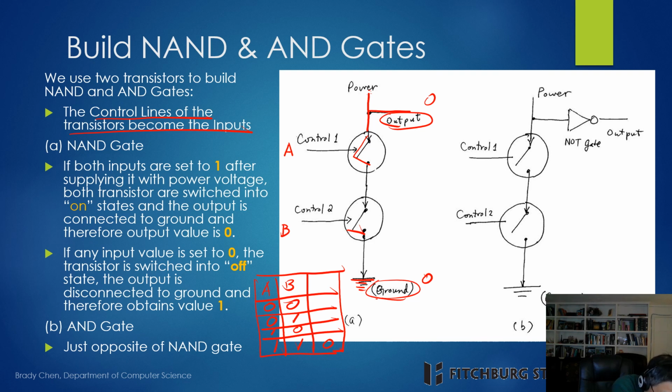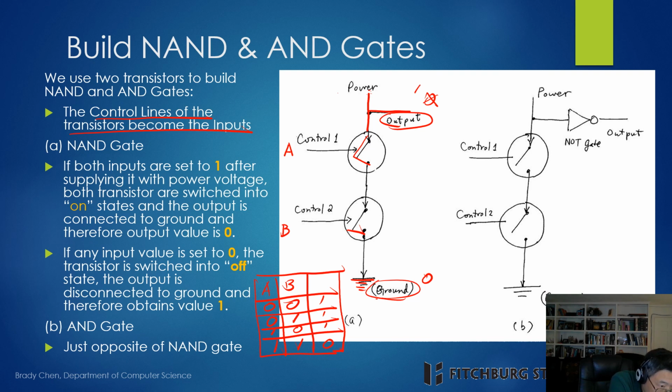So in all these 3 cases, the output will be 1 because it's directly connected to the power source, but not connected to the ground. So that's the truth table for this device, and this is exactly the truth table for the NAND gate. That's why we build a NAND gate using 2 transistors.